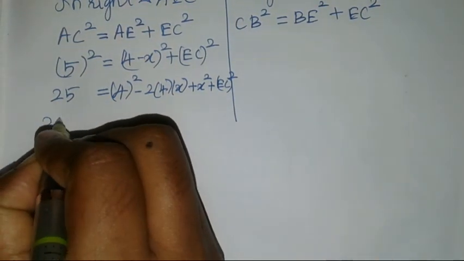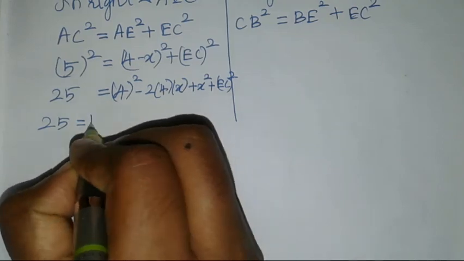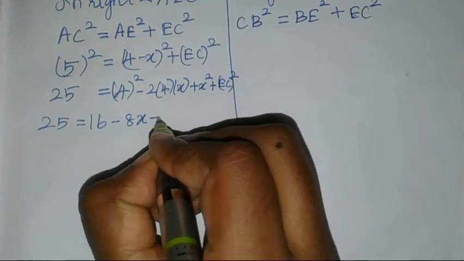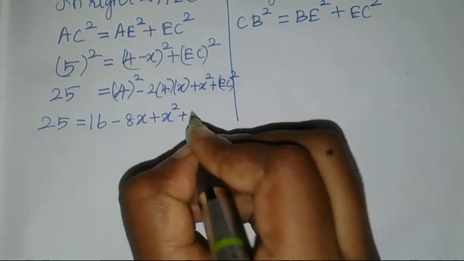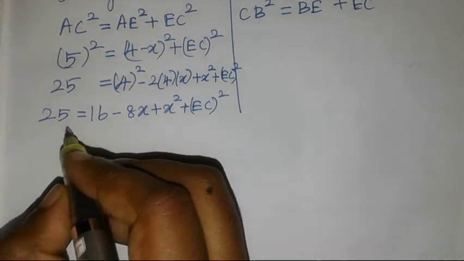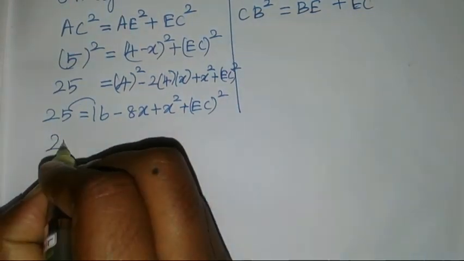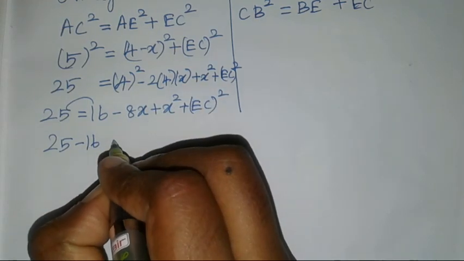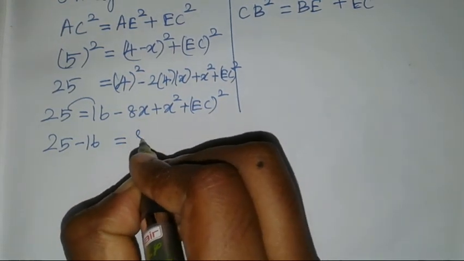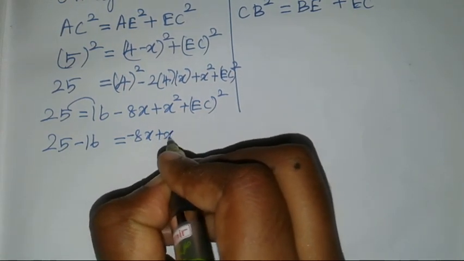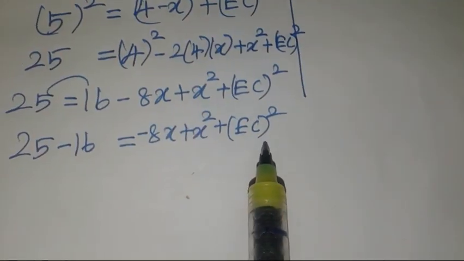Now this is 25, which is equal to 4 fours are 16, minus 2 fours are 8x, plus x square plus EC square. Now see here, 25 minus 16 is equal to minus 8x plus x square plus EC square.